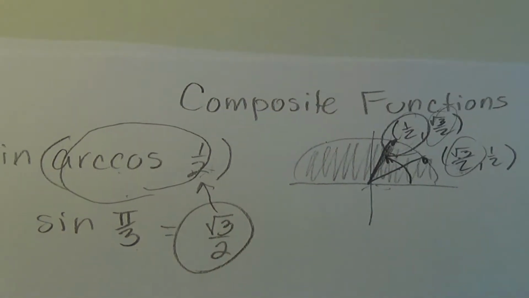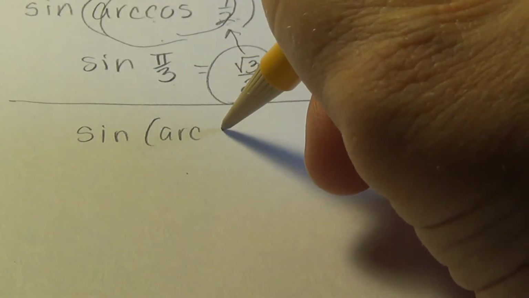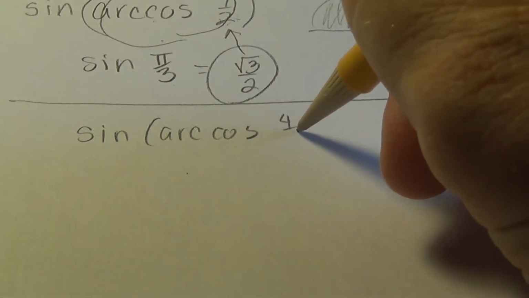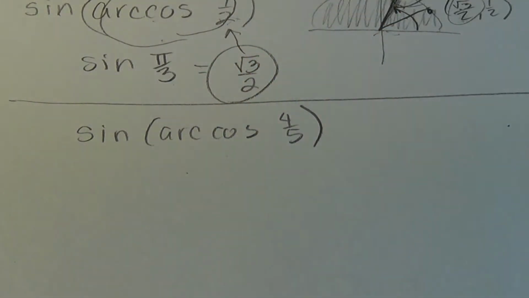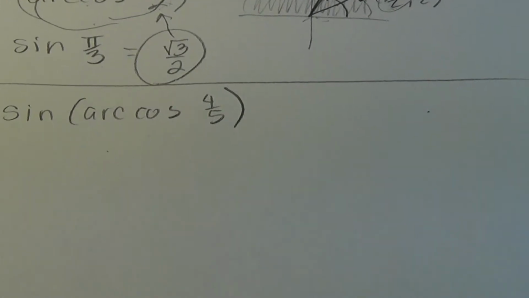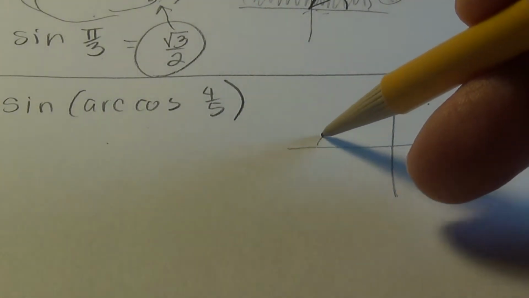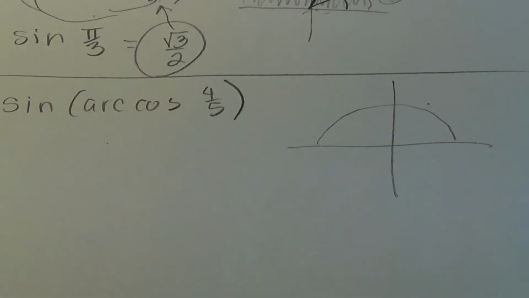Let's add a complication. Always complications, just like in life. Sine of the arc cosine of 4/5. 4/5 isn't on the unit circle, so I'll recognize I can still only look in the first and second quadrants. Since it's positive 4/5, I'm going to look in the first quadrant.